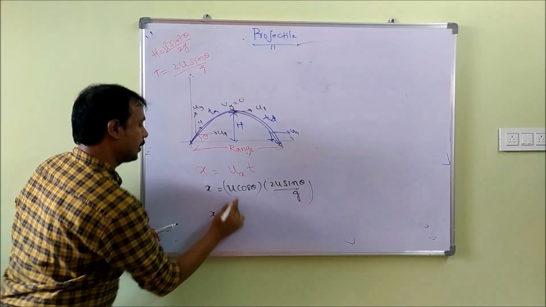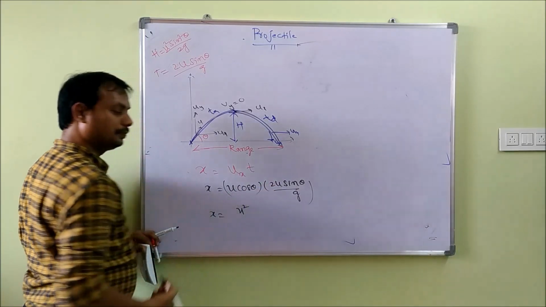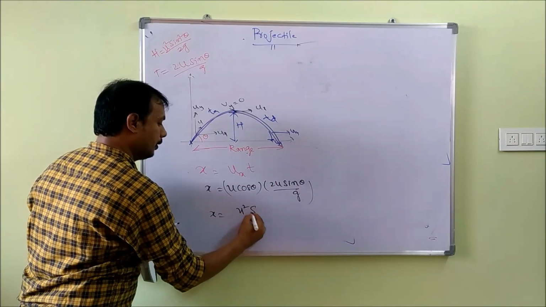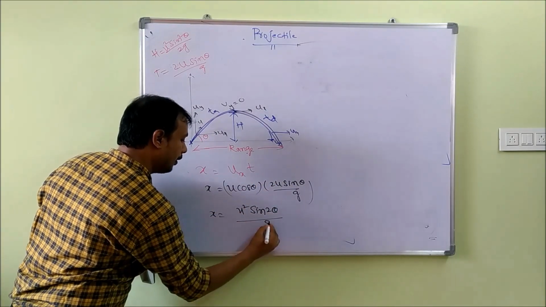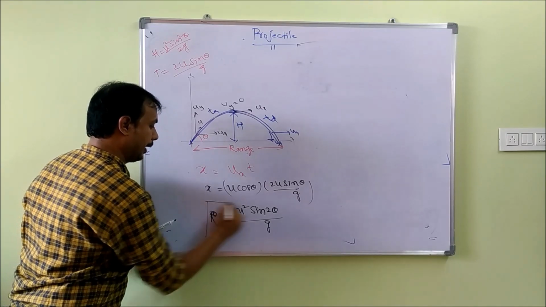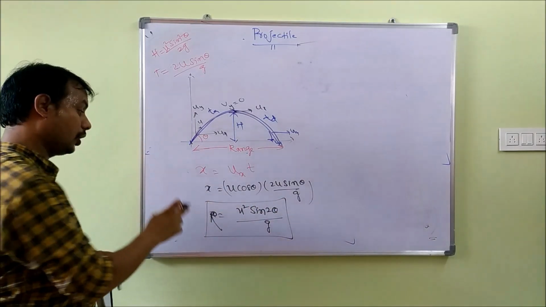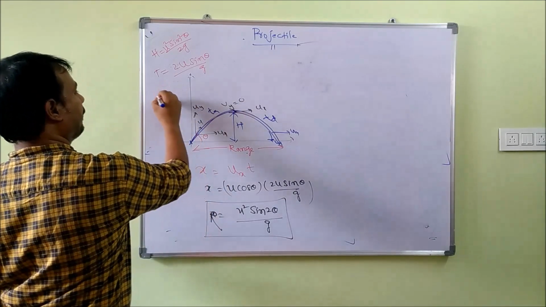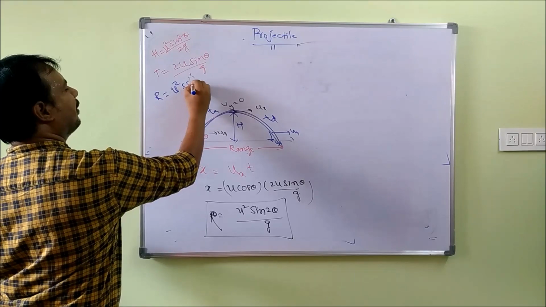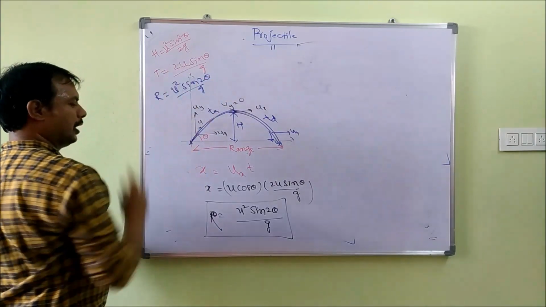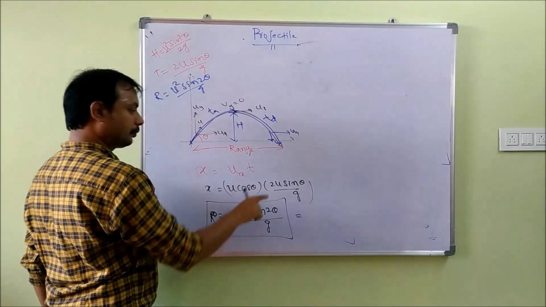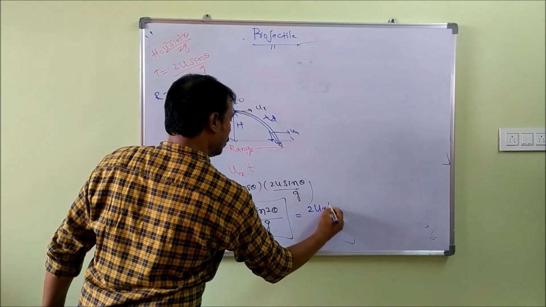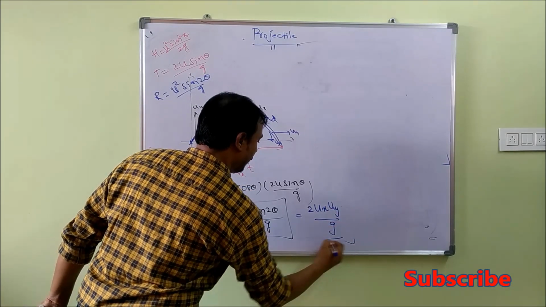So x is equal to u into u square, 2 sin theta cos theta, that is sin 2 theta, by g. This is range. So range R equals u square sin 2 theta by g, or also written as 2 ux uy by g, where this is uy and this is ux.